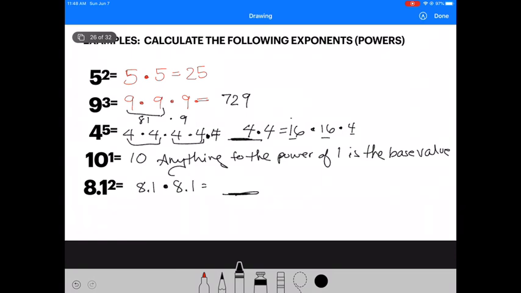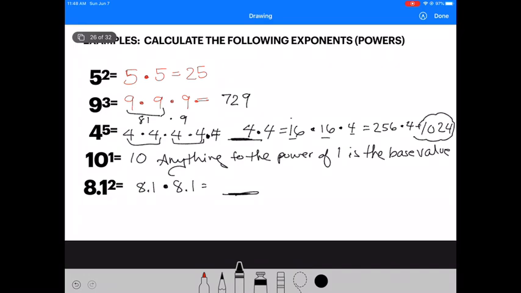When you do your scratch work using your calculator, 16 times 16 is 256. Multiplied by 4 gives you 1024. Okay, that's your final answer.